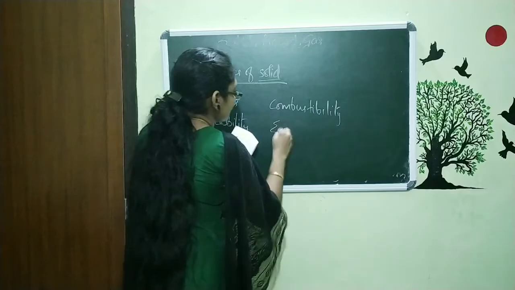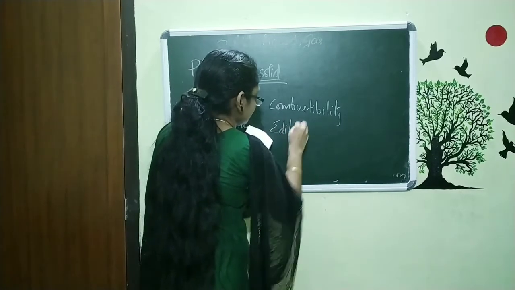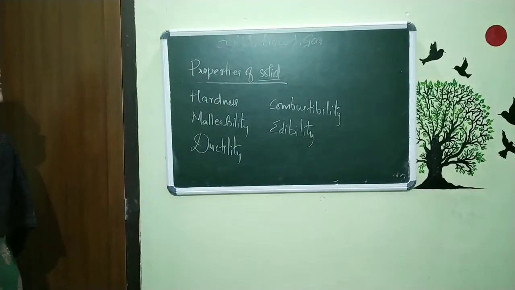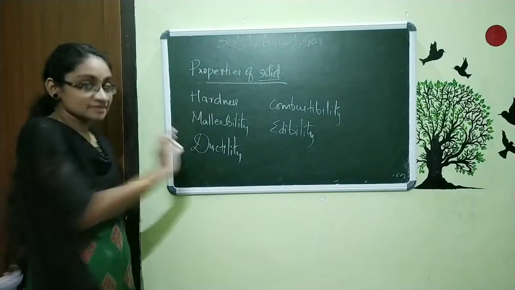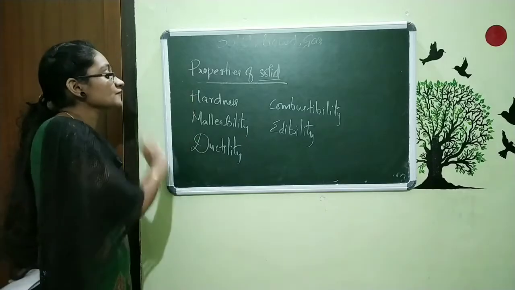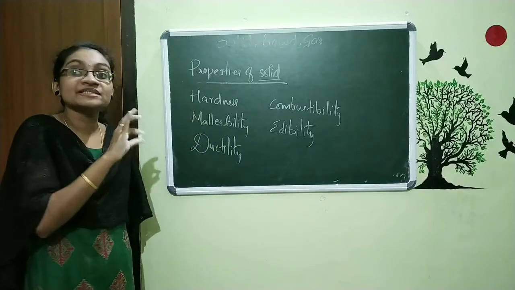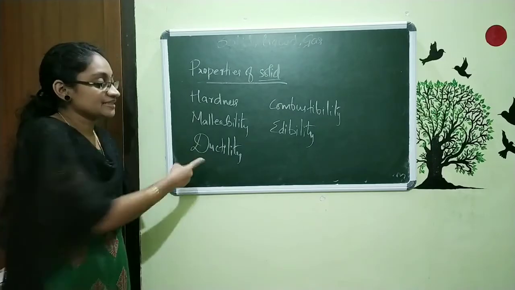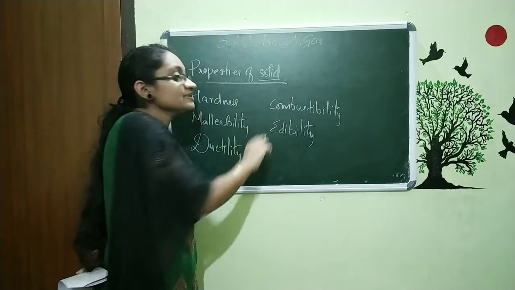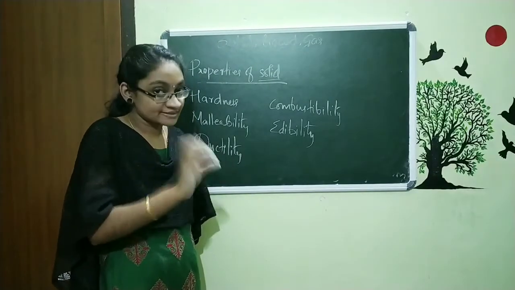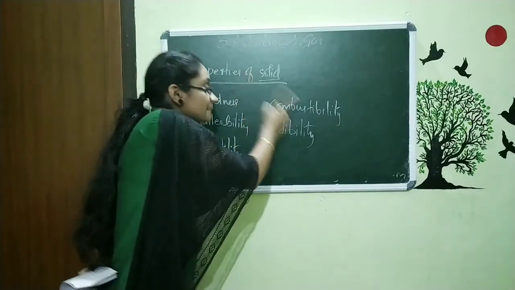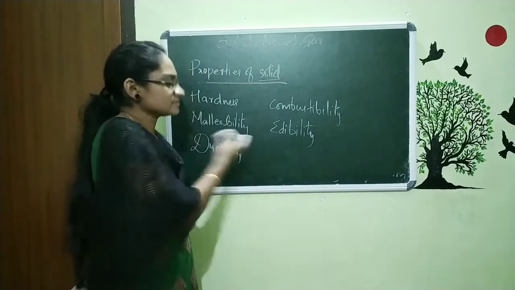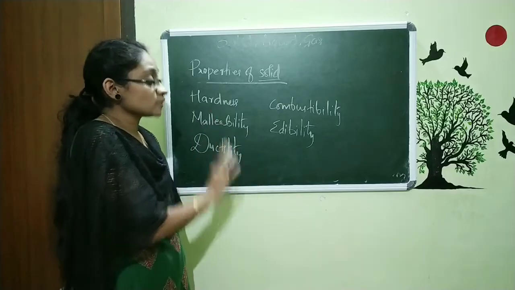And then edibility. Very simple. Hardness: hard or soft. Malleability means we can make it into thin sheets. Ductility means we can make it into thin wires. Combustibility means whether it catches fire easily or not. And edibility means whether it is possible to eat or not. So these are the properties of solids.